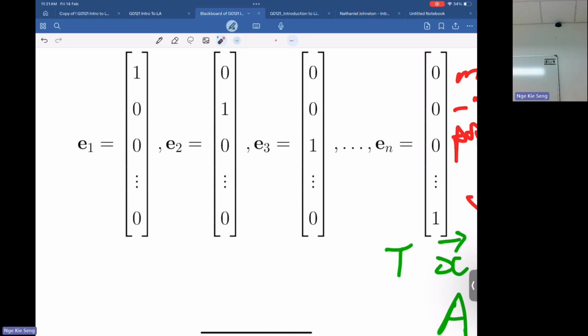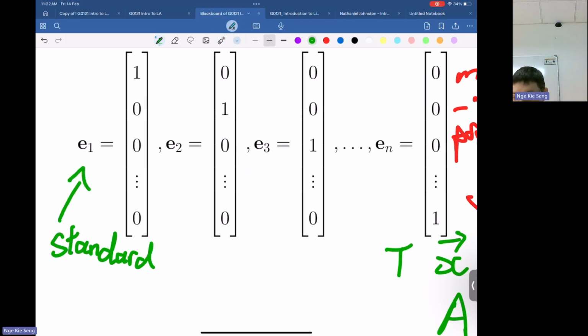If you notice, this is like a pivot column in different spots. There are n spots here, and they form what we call a standard basis. Later, in the dimension chapter, we will justify why we call it a standard basis.